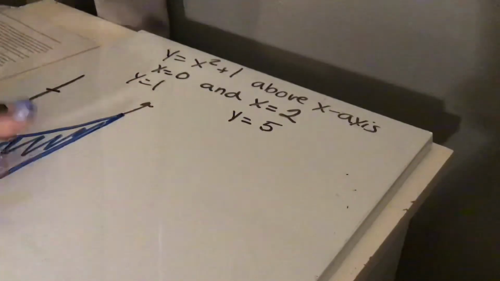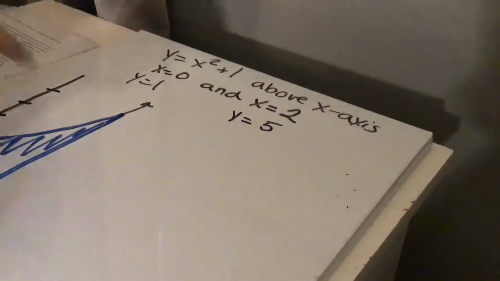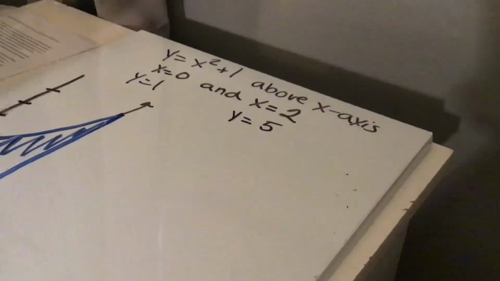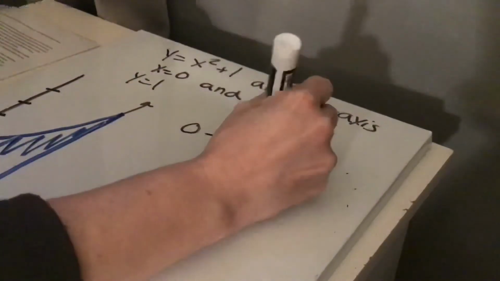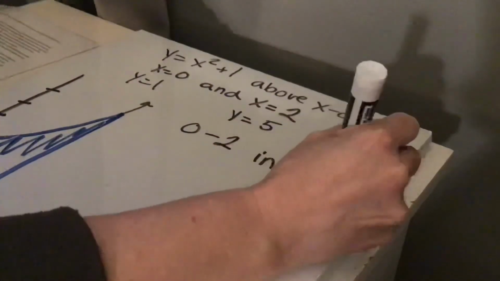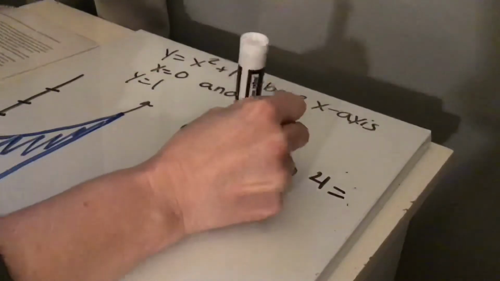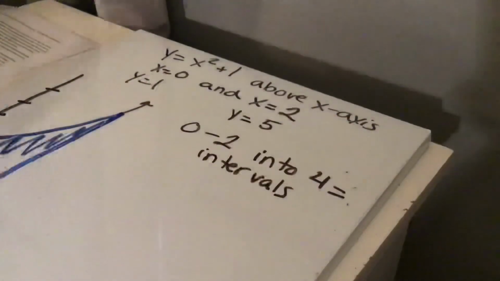So first, we're going to take this and divide the distance between your x values into 4 equal intervals, right? So from 0 to 2 into 4 equal intervals. So you're dividing your x values into equal parts, okay?